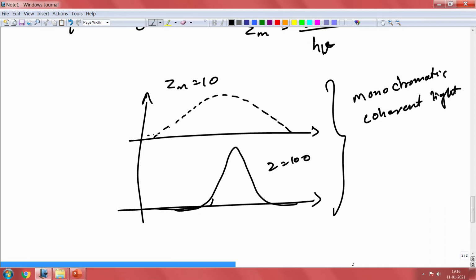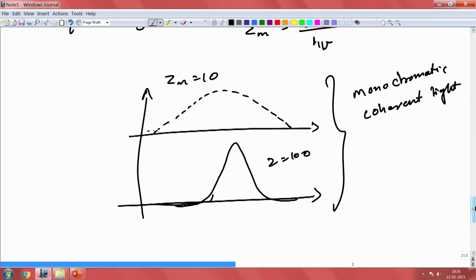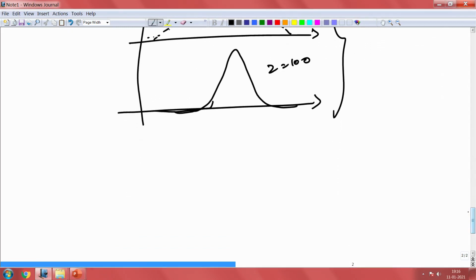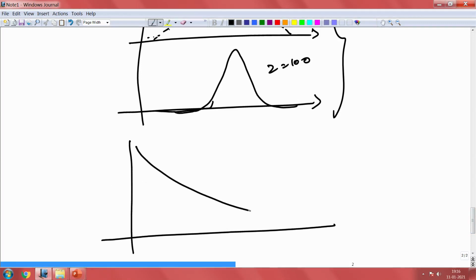If you have an incoherent source, this will follow similar to Bose-Einstein distribution, and that will be just a decay like this.